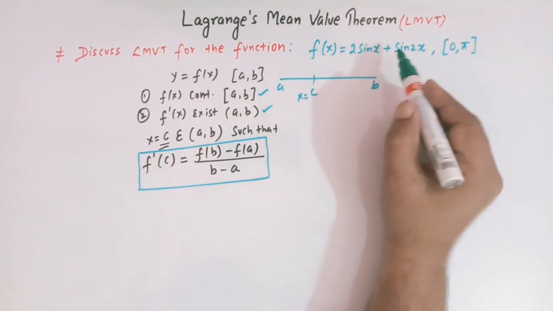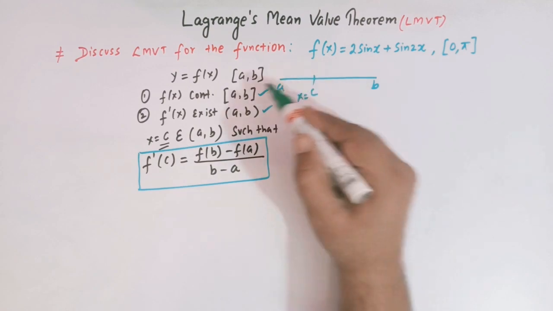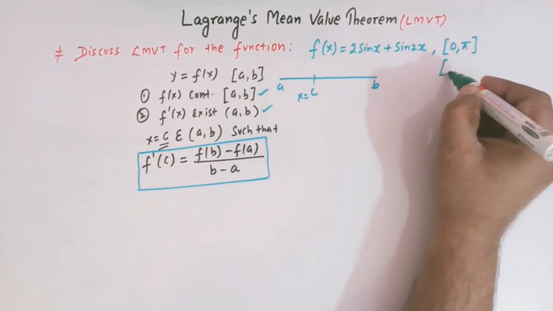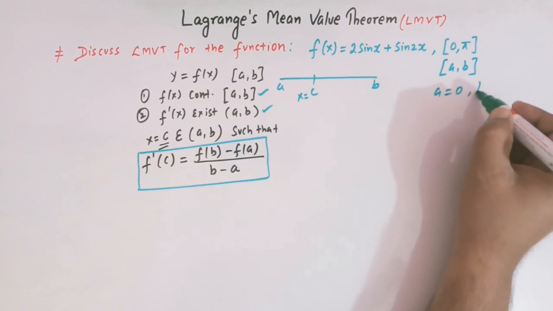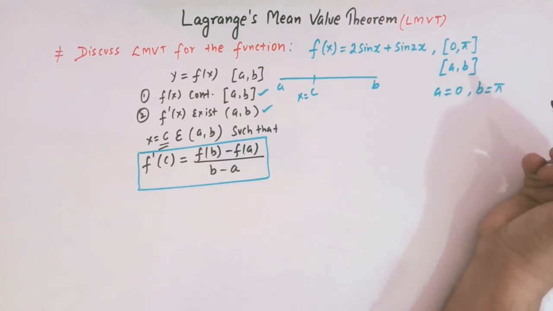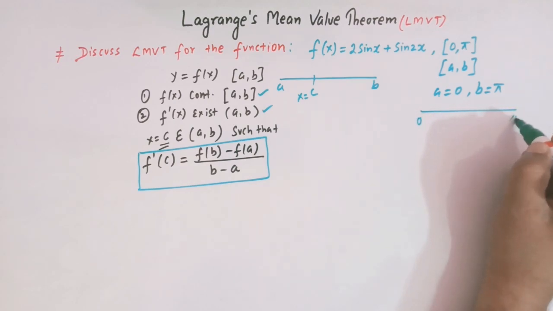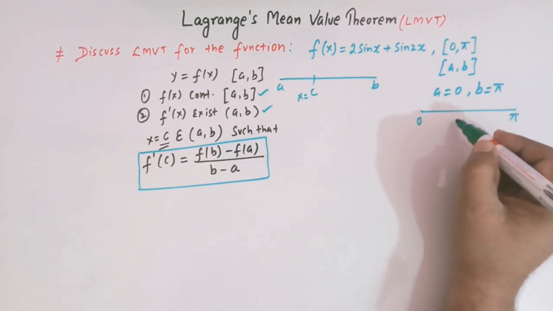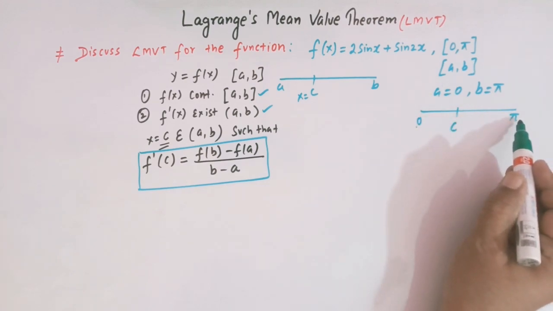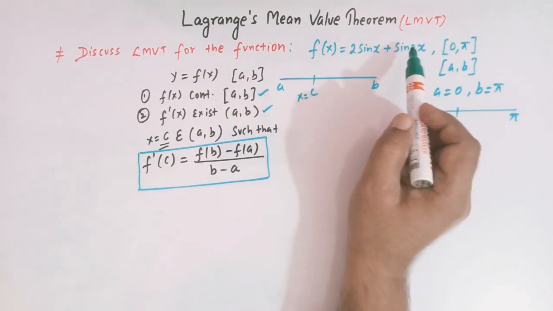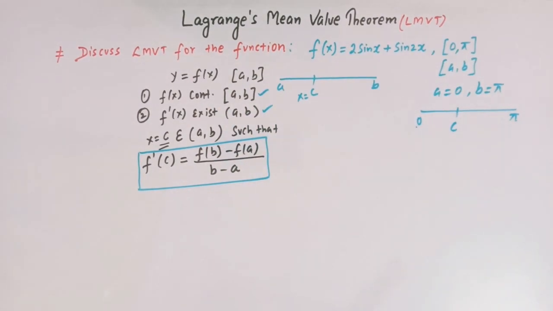Now if we compare this interval with a comma b, we have a is equal to 0 and b is equal to pi. So we have to find a point c between 0 and pi such that this function satisfies the mean value theorem.